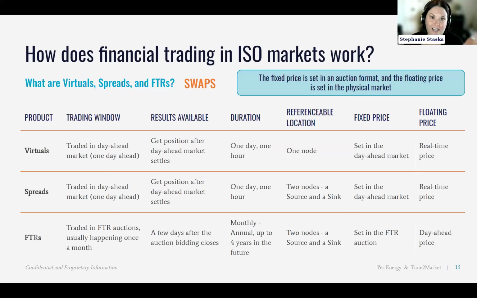So you can hedge the difference or the congestion between those 2 points with these products. Because the intention was most generators and load providers will want to submit that into the day ahead market, you'd also want to hedge that congestion or price difference in the day ahead market. And so that is a fundamental difference in this type of product versus the more daily or shorter term spread product that is out there.